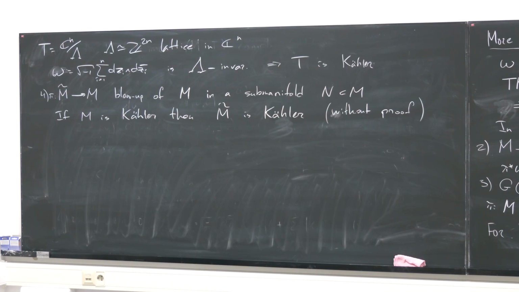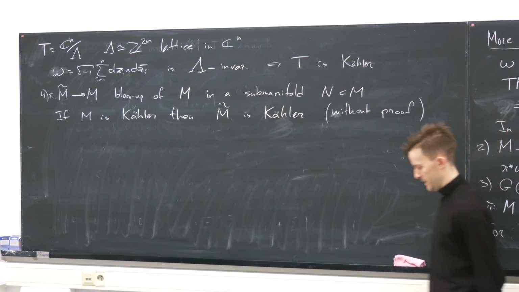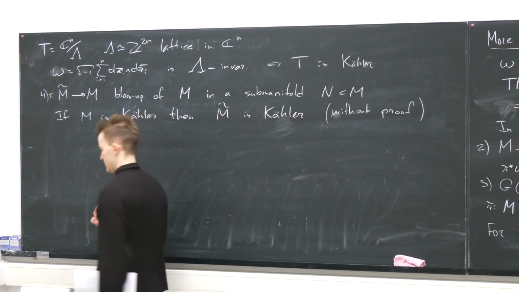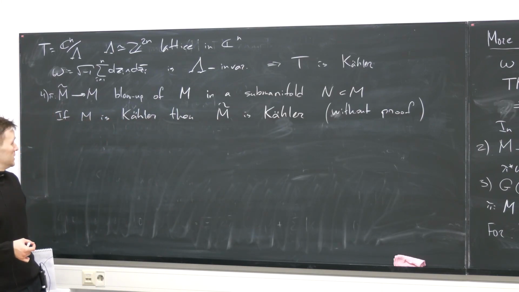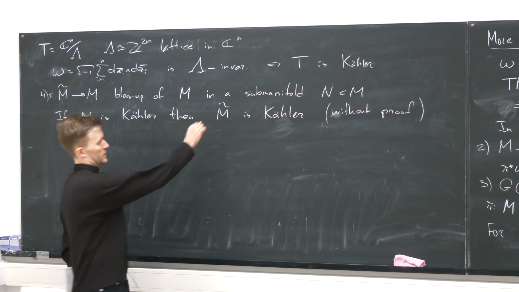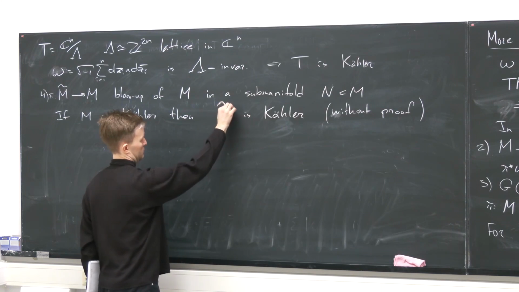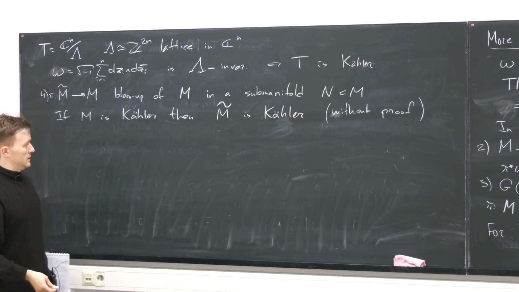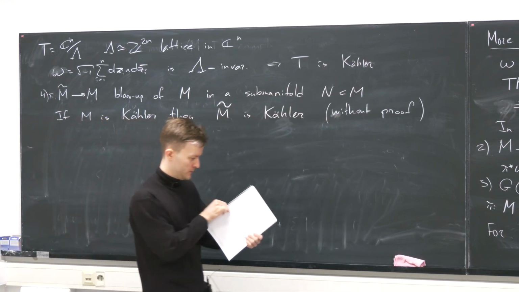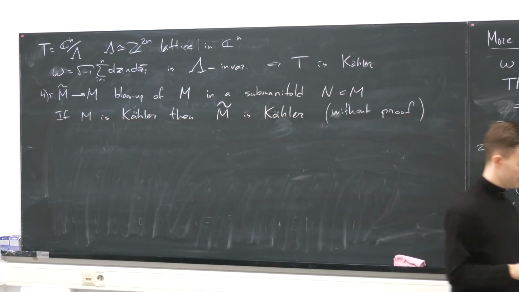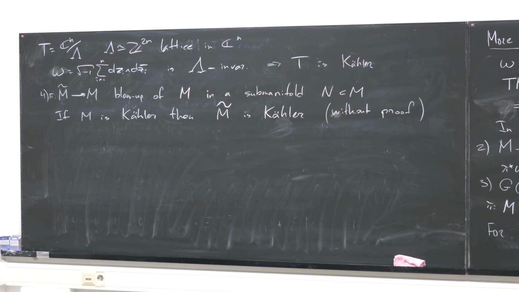This blow-up contracts a divisor in M tilde, so the form will not be positive along the directions that are contracted. Nevertheless, you can still prove that M tilde will be Kähler, but the proof is a bit technical. So I decided I just don't want to, because we will not really talk too much about blow-ups. I don't want to show you the proof.